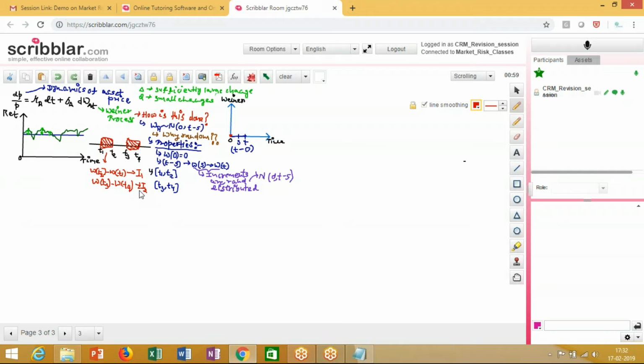And this property holds because the time period that we are considering over here is absolutely continuous in nature. Had it not been continuous, then the challenge would have happened, right? If it was discrete in nature, then these small intervals of time could not have been created, and hence this definition of Wt or the Wiener variable would not have been possible. Therefore, to introduce stochasticity into a continuous time series, this is the approach which is used, right?